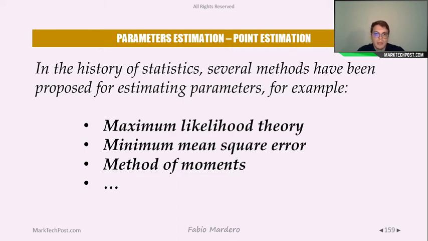But how to build the estimator, how to determine an estimator? Well, in the history of statistics, several methods have been proposed for estimating parameters. For example, the maximum likelihood theory, the minimum mean square error, the method of moments, and so on. Here we will look at the maximum likelihood theory.